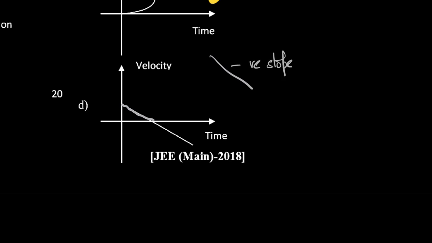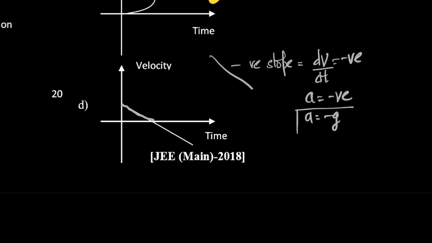What does negative slope imply? Negative slope implies that dv by dt is negative. The change in y-axis by change in x-axis is negative. What is dv by dt? It is acceleration. So acceleration is negative. Is it true? Yes, because when the object is projected up, acceleration is equal to minus g. So yes, that part is correct.